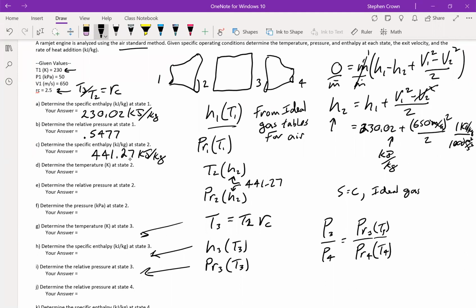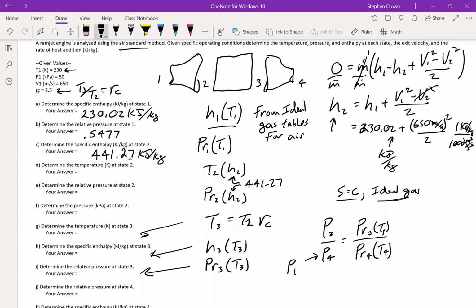In this case, it's not constant specific heats, it's variable specific heats. So we can use this expression just for those processes where ideal gas with constant specific heats. And then we know that P4 equals P1.